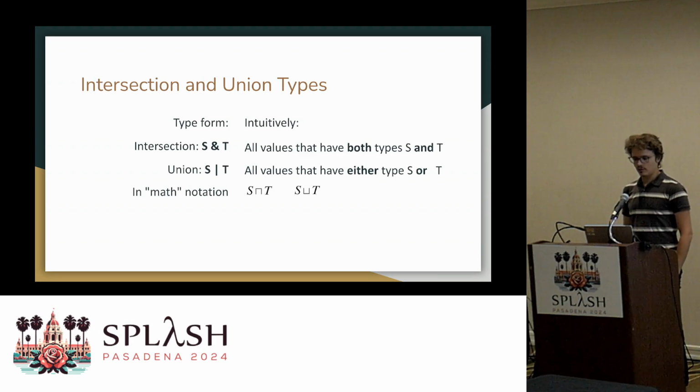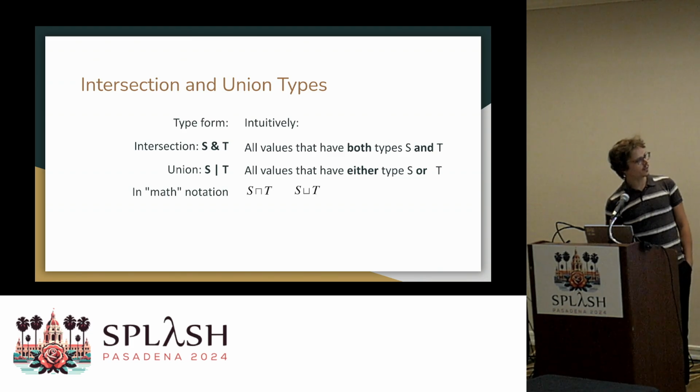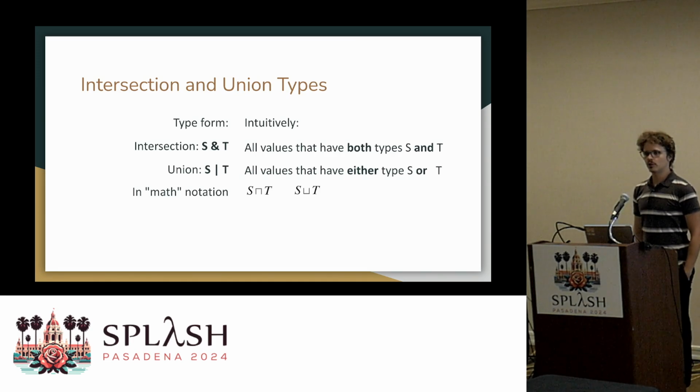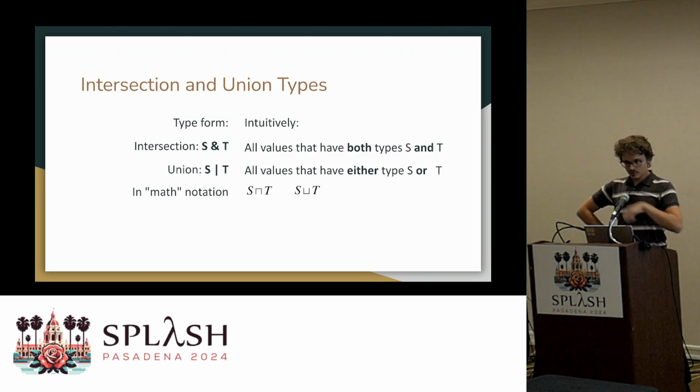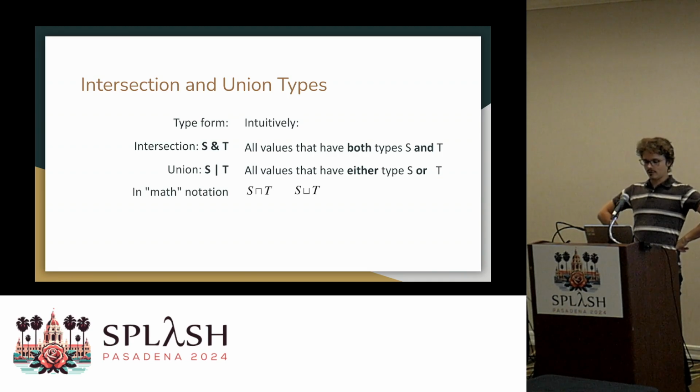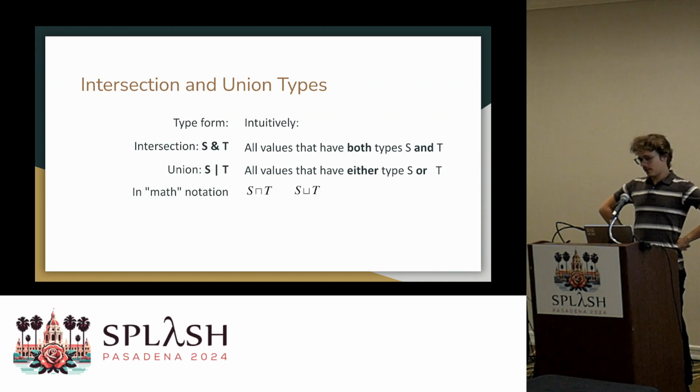So, intersection and union types. How many of you are familiar with intersections and unions? It's getting pretty popular, right? You have intersections of the form S and T, or S intersected with T, which represent types that contain the values of both S and T. You also have union types, dually, for types that contain values that are either in S or T or both.